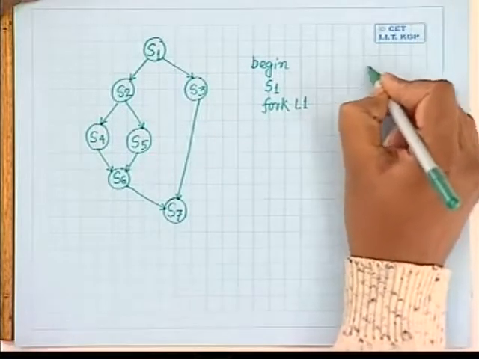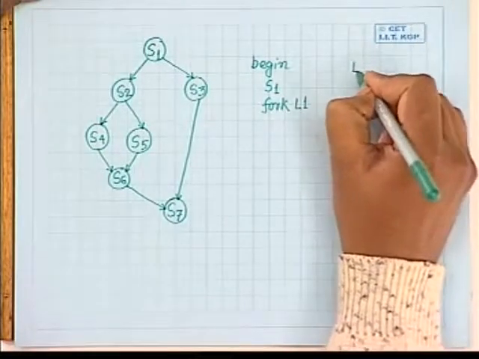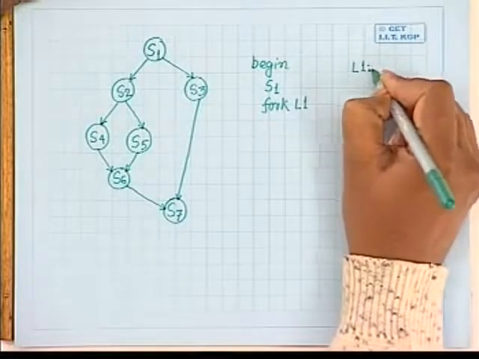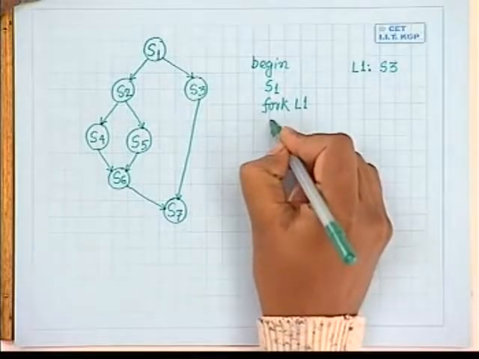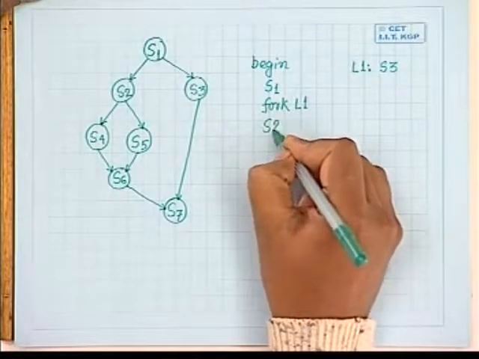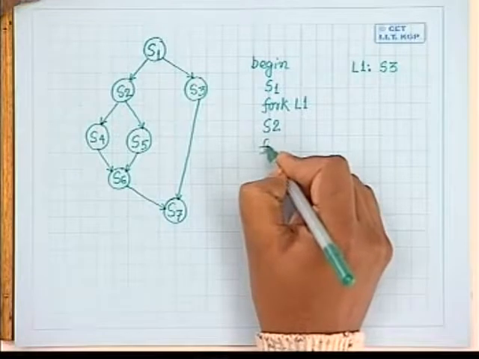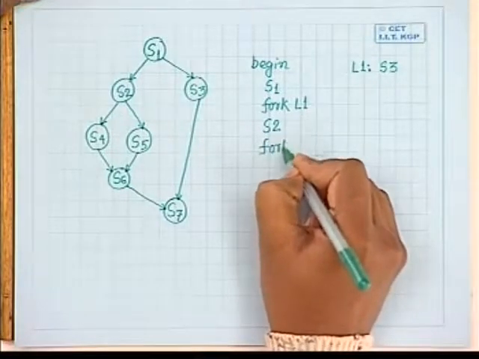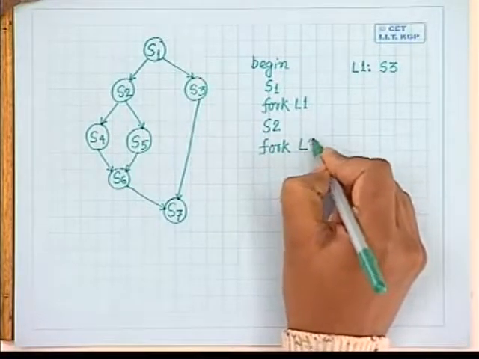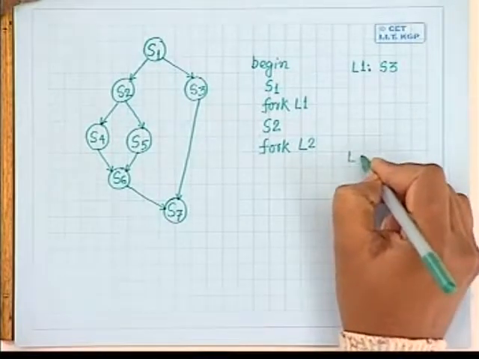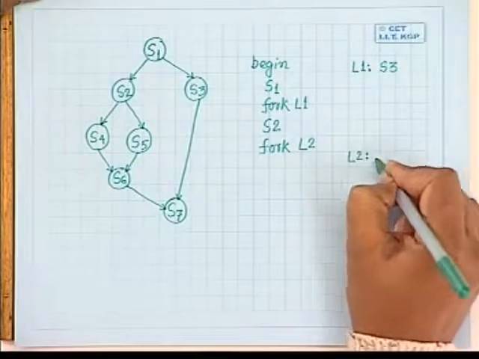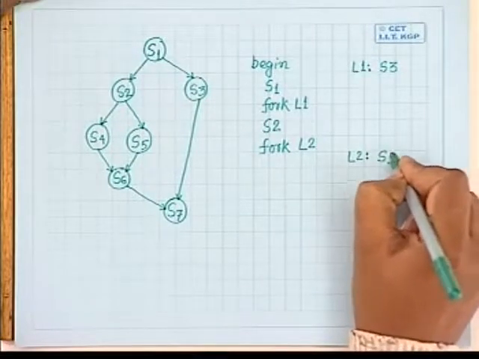At L1, I have statement S3. Then I have S2, then I have fork L2. At L2 I'll have statement say S5.